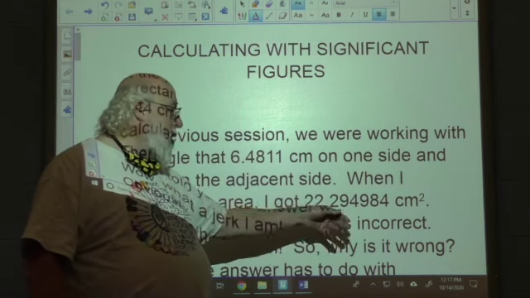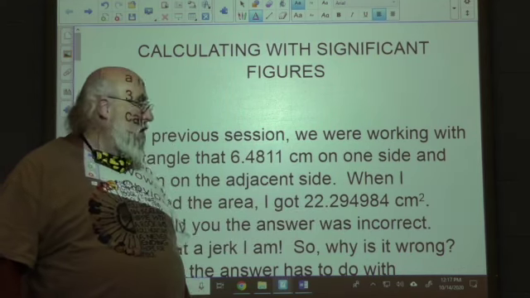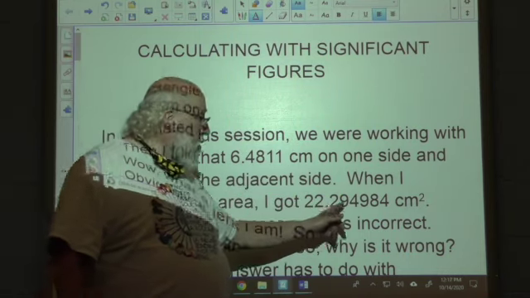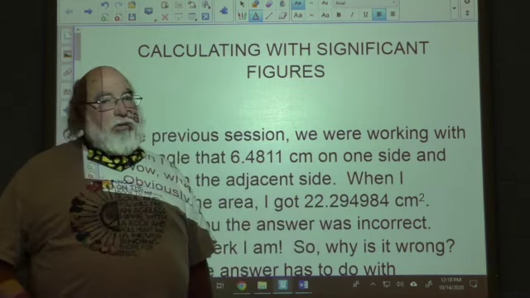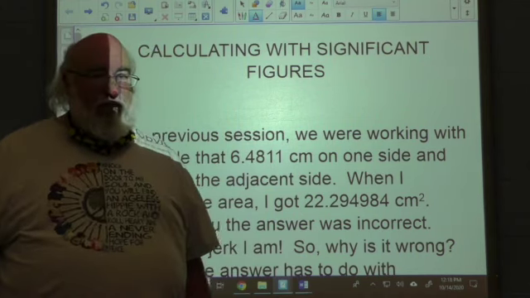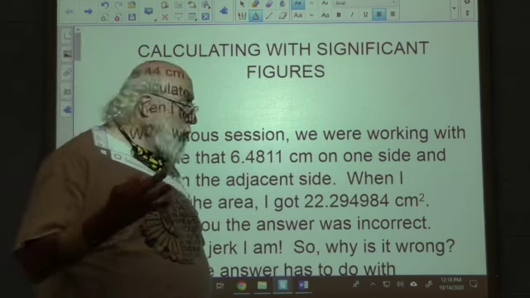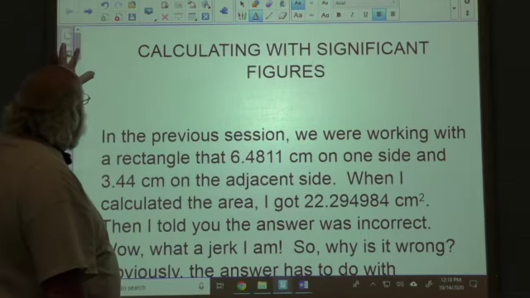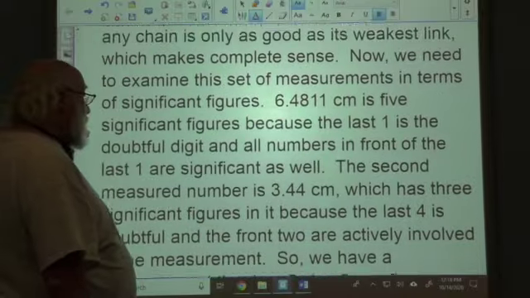Well, since 9 is definitely greater than or equal to 5, this is going to kick that up to a 3. Now, we're not going to put zeros after that because those zeros are going to make that number keep the same number of significant figures it has right now. We want only 3. So we're going to change that to 3, make that 22.3 centimeters squared.